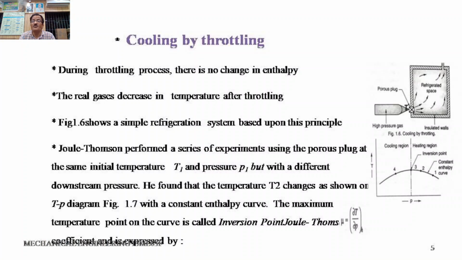So what happens to temperature? On one side of the inversion point, there will be an increase in temperature. On the other hand, on the other side, there will be a decrease in temperature. So based on this, he has given one coefficient called the Joule Thomson coefficient, and the value is given by delta T by delta P, keeping enthalpy constant.